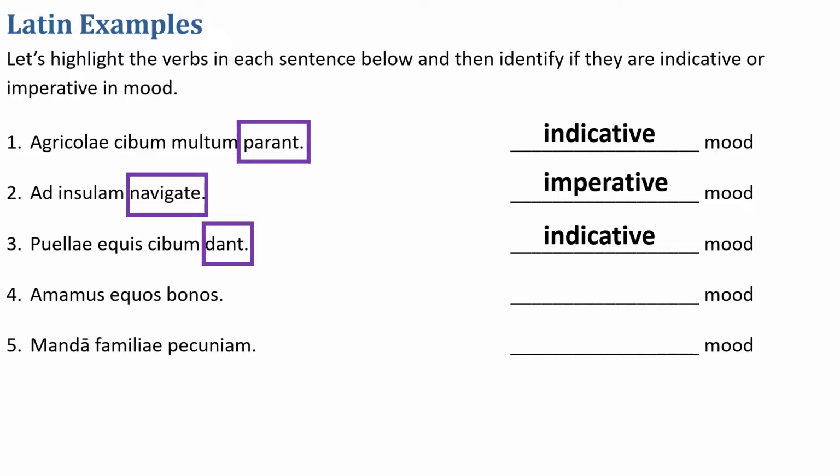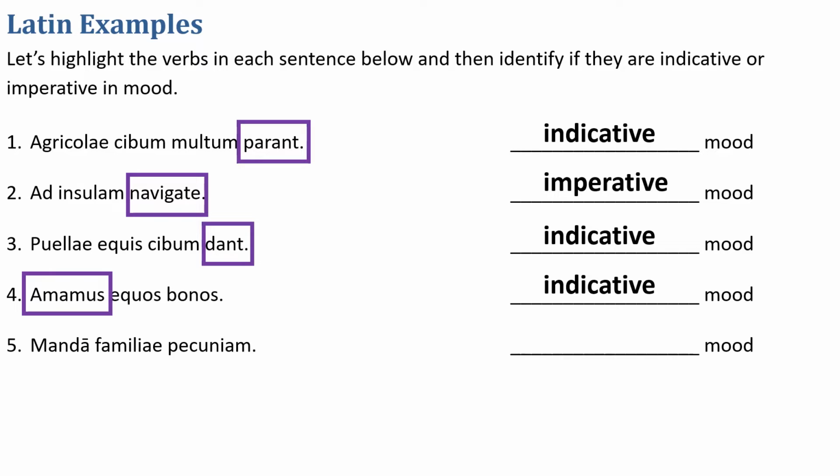Number 4. Amamus equos bonus. Where's your verb? Latin tricked us this time. The verb isn't at the end, it's at the beginning. Well, is it indicative or imperative? Well, think about the ending. Mus, -mus, we are loving. That's indicative. And number 5.